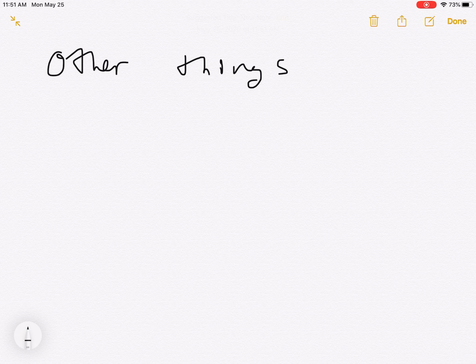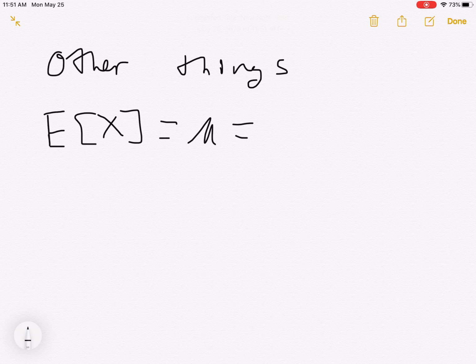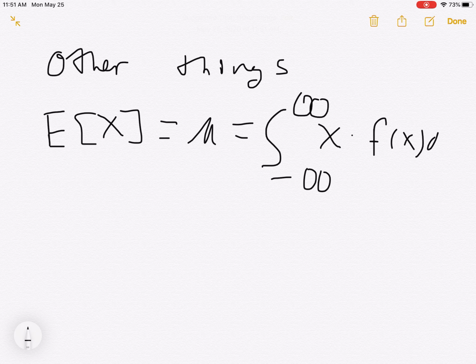Okay, so other things. If I wanted to calculate the expected value, which is the average, well, that's going to be this integral from minus infinity to infinity of x times f of x dx.